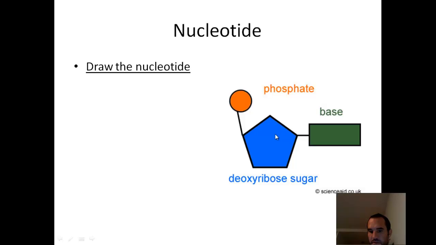Coming off your house, you've got a chimney. So the phosphate group is your chimney. And the base is kind of like the garage of the house coming off the side. And each nucleotide is linked together, forming a chain, and that's what would be the sugar phosphate backbone on the outside of your helix, and in the center is your base pair.